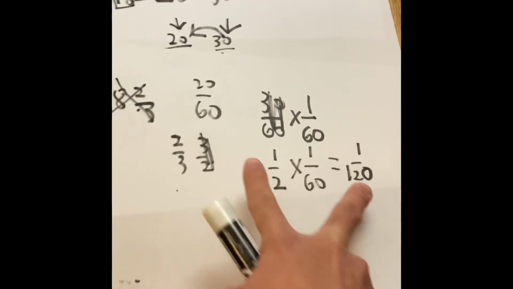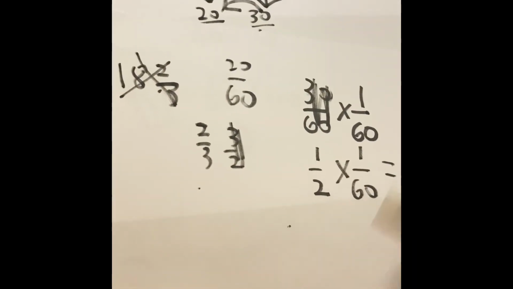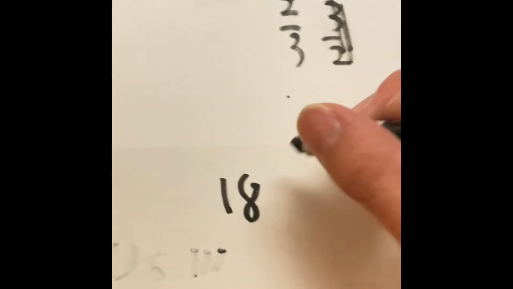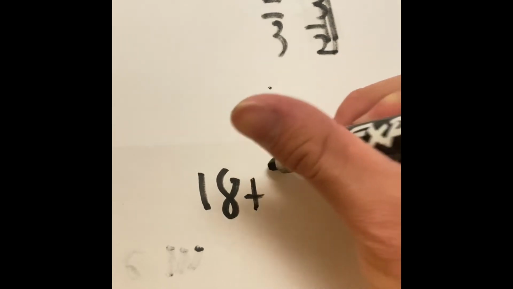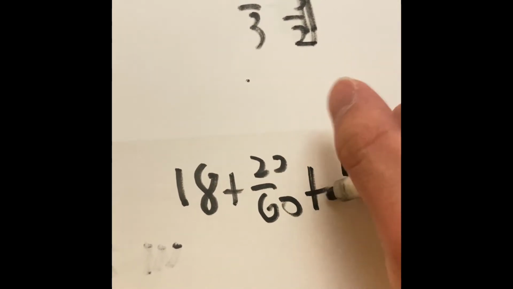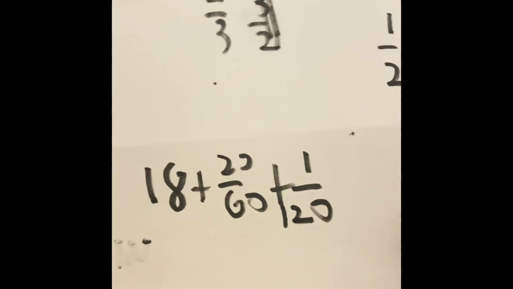If we try to add these two, then convert from minutes to degrees, we'll get our final answer. So we have 18 plus 20 over 60 plus 1 over 120 from the conversion.